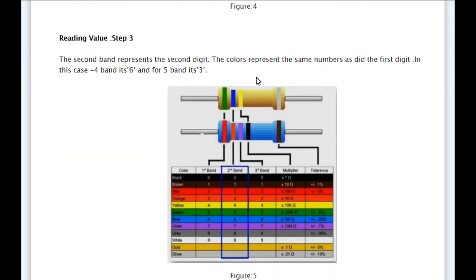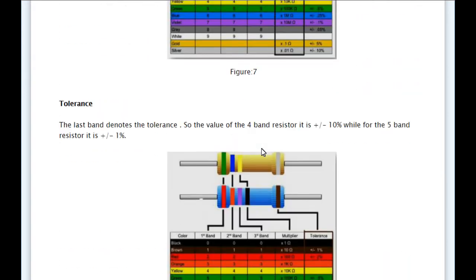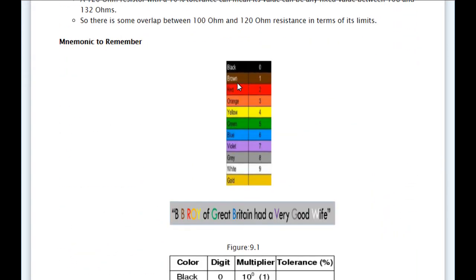This is the actual color value, the numeric value according to the color. Black is 0, brown is 1, red is 2, orange is 3, yellow is 4, green is 5, blue is 6, violet 7, gray 8, white 9, and gold is for tolerance.